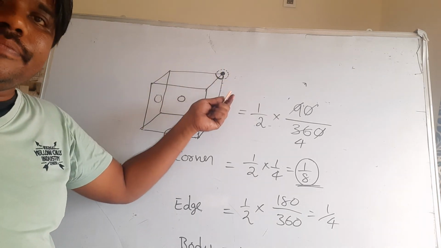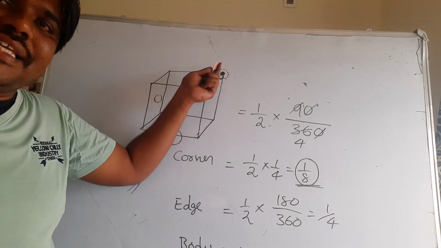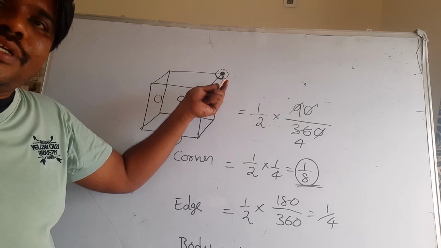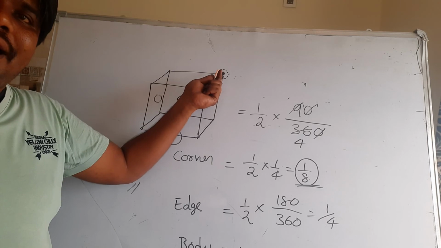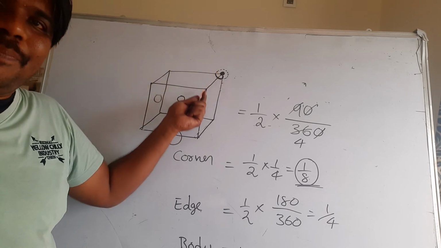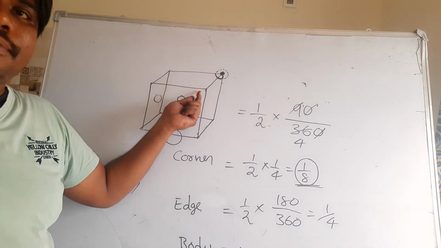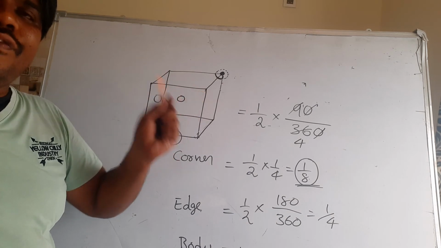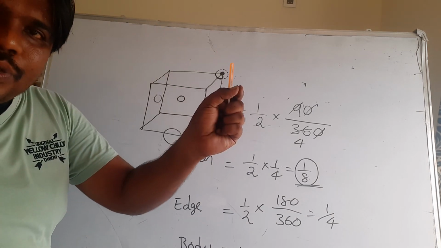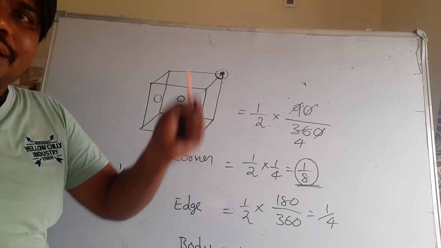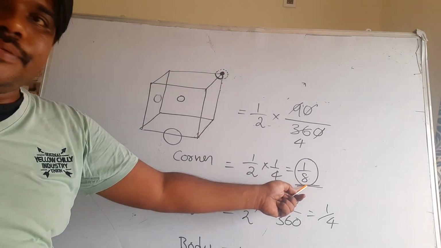contributes only 1 by 8th part to one unit cell. Getting my point? If a lattice point is at a corner, its contribution towards the unit cell is 1 by 8th part only.